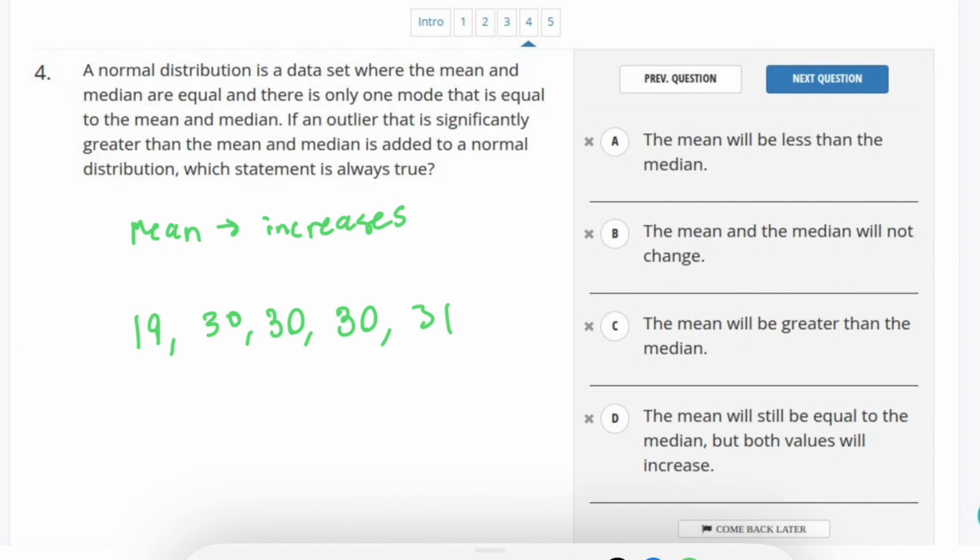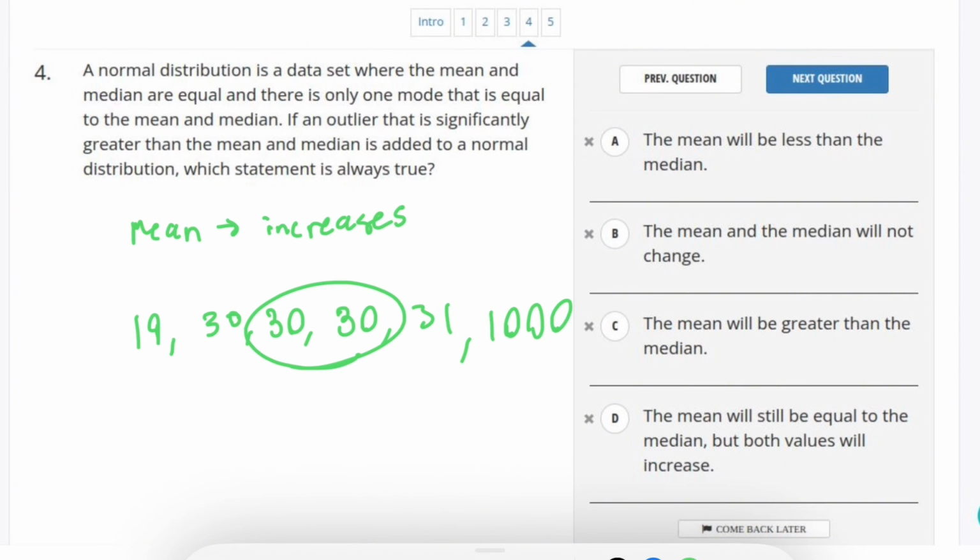So there's 5 data. So here, if you add a number that is significantly greater, so let's say 1000, okay? So since it's even, now you would have to take the mean of the two center numbers. So 30 plus 30 divided by 2 is just 30 again. So the median does not have to change.